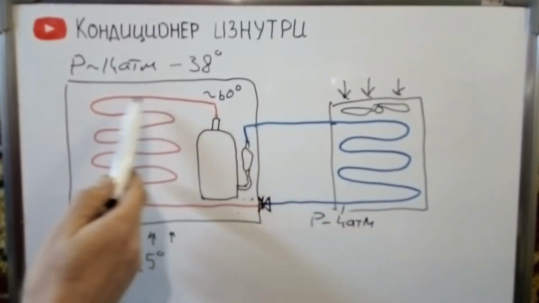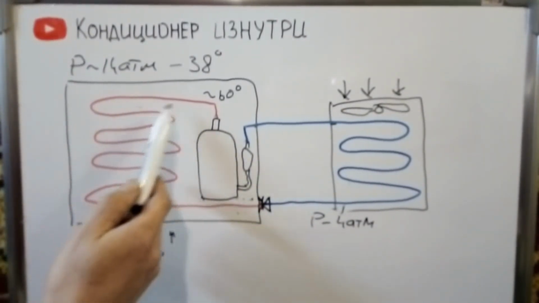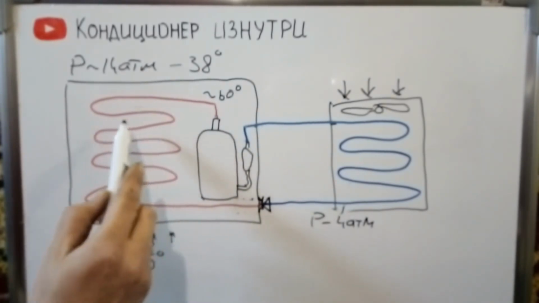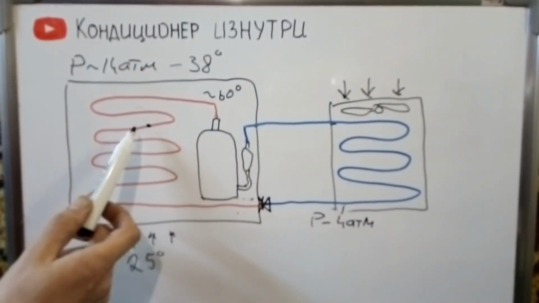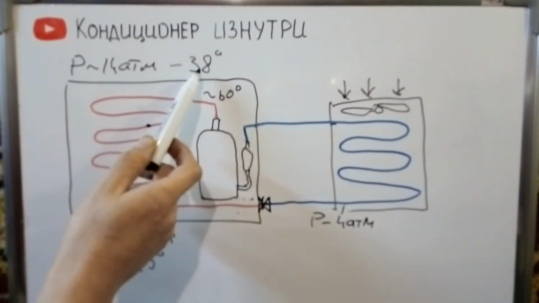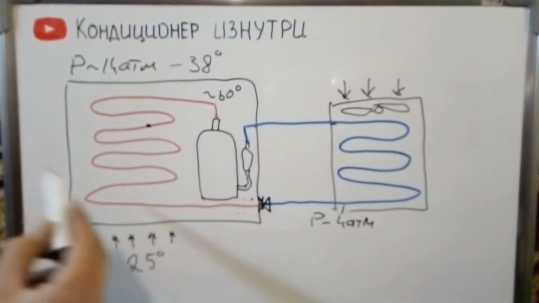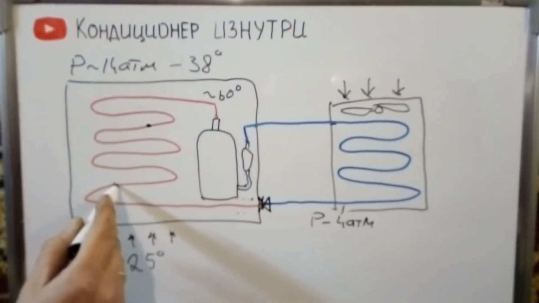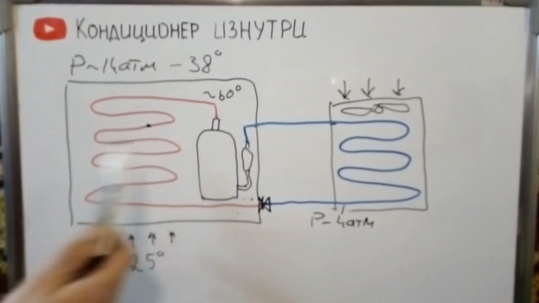Moving along the condenser, the refrigerant cools down to 38 degrees, and somewhere at this point the refrigerant begins to condense, and this process takes place at a constant temperature of 38 degrees, until all the refrigerant condenses. It will happen somewhere at this point. That is, we have this area with the same temperature of 38 degrees.